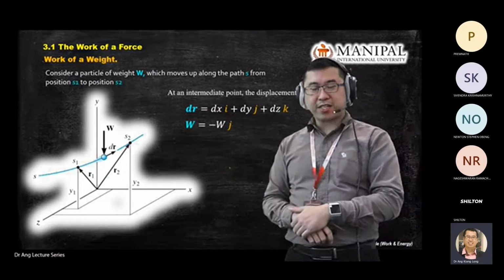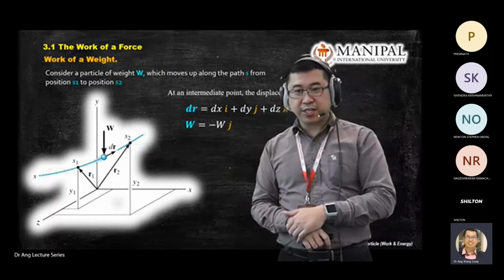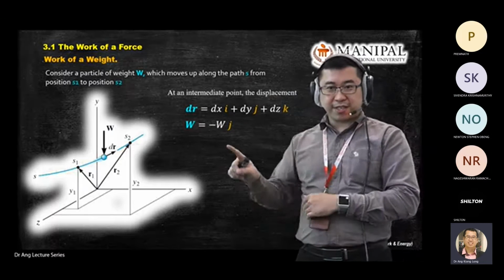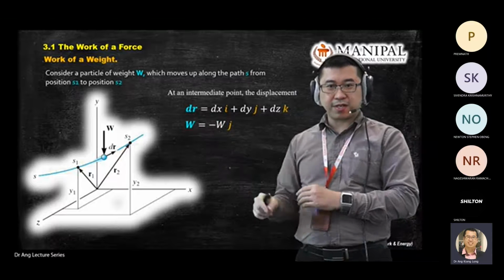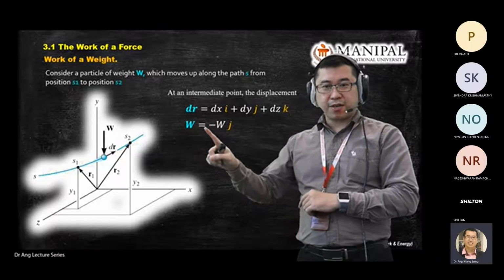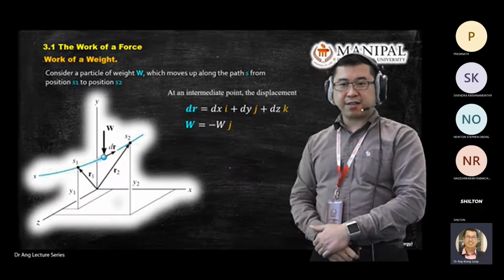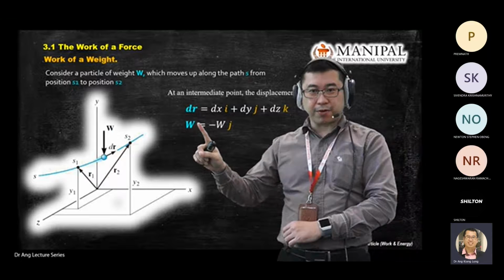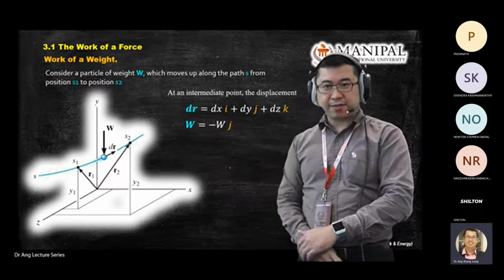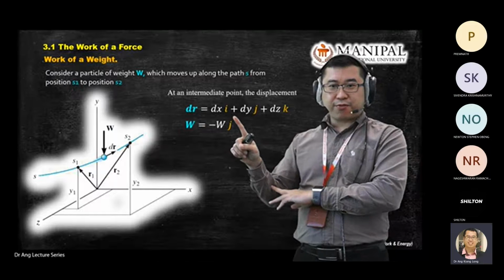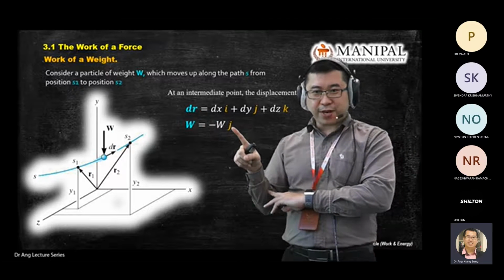Recall the definition of work: work equals force times displacement. This is the displacement, this is the work. You take this one multiplied by this one, W dot dr. Just now it was force, now you change the force to W. W dot dr. How do you do multiplication with the vector units?